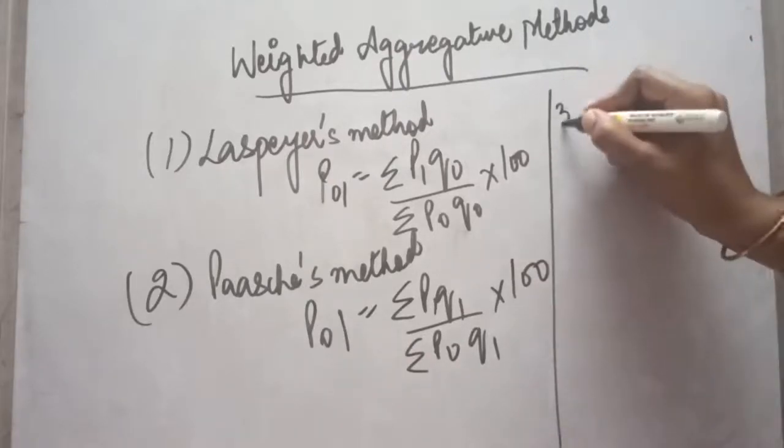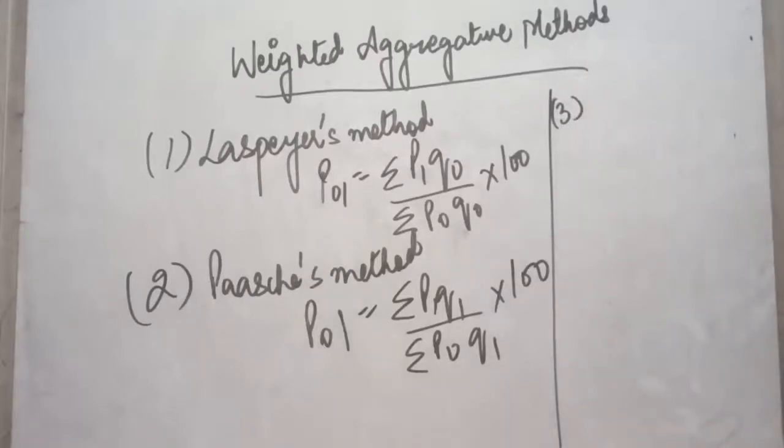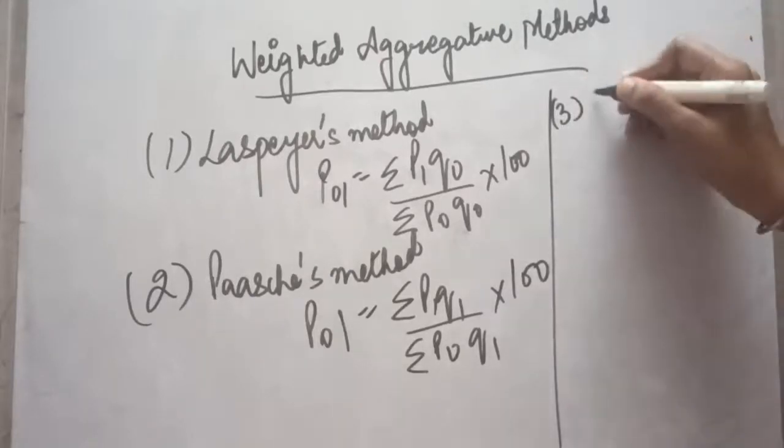Now the third formula under weighted aggregative methods is Marshall-Edgeworth.